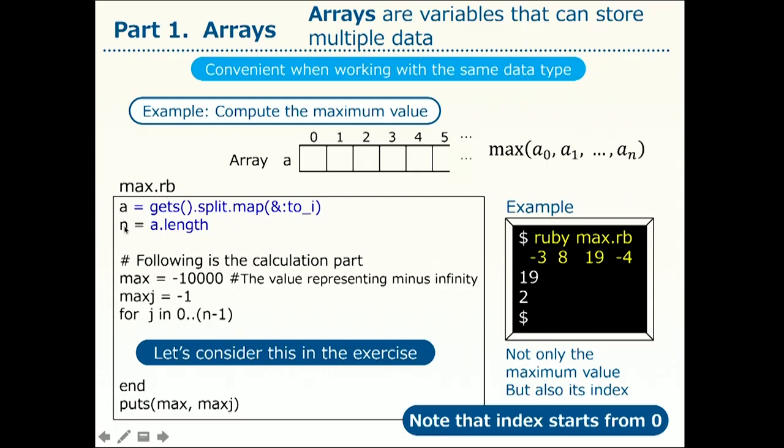Using this A and n, we want, for our example case, to compute 19, the largest number, and then its location. Well, although we will discuss this computation in the practice exercise, let me give some hint here.